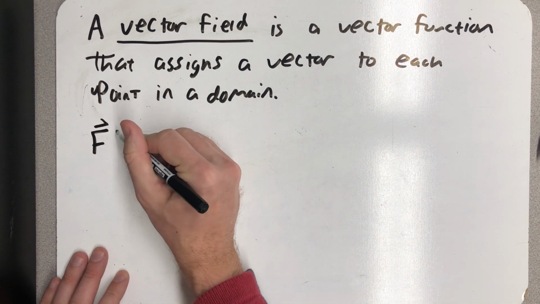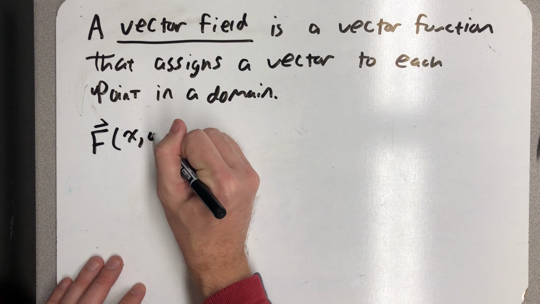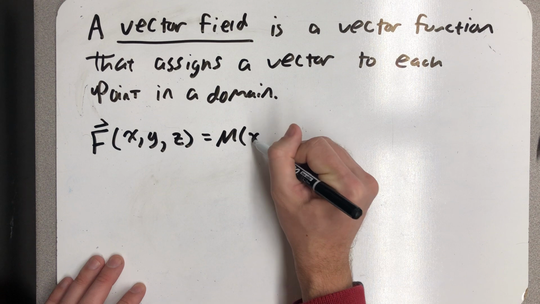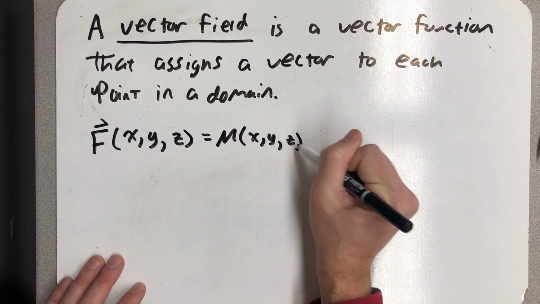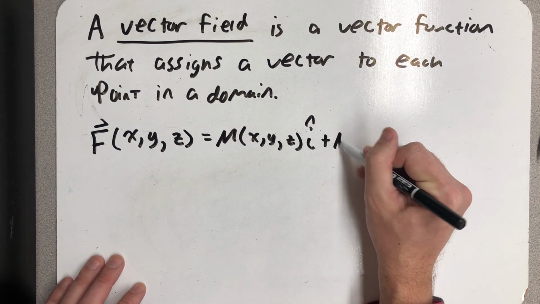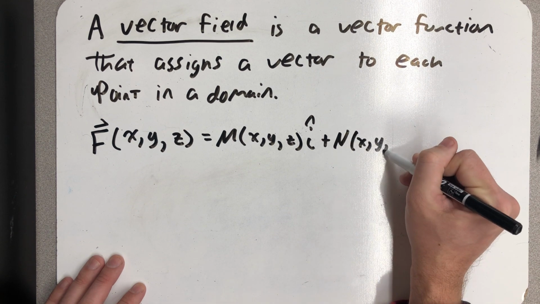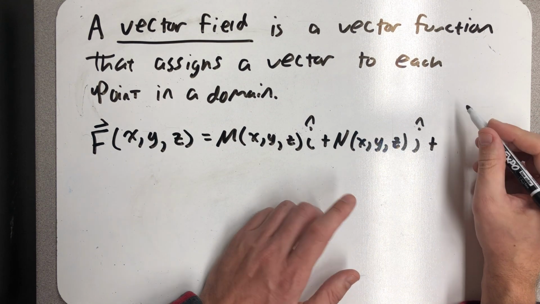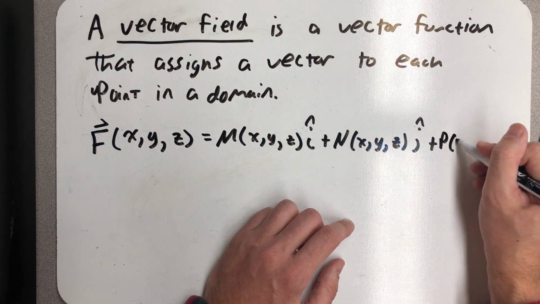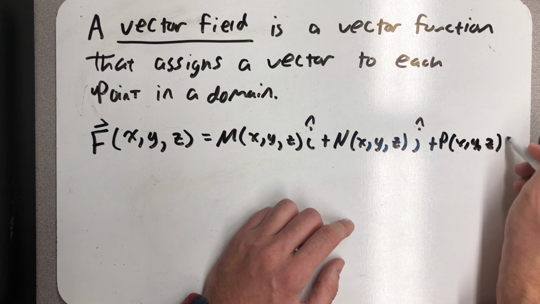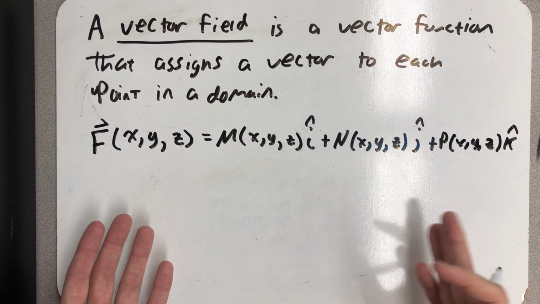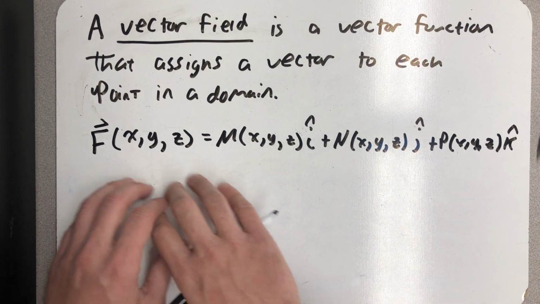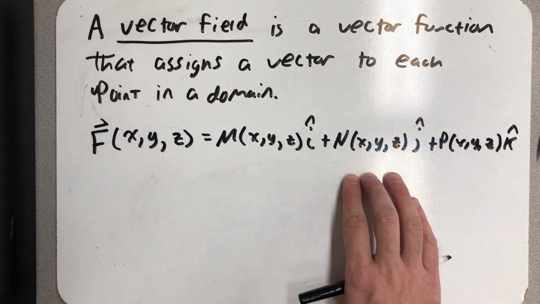Notationally, if I had a three-dimensional vector function, it would need to take in an ordered triple and then give me out a vector based on those points. And so what I would see are three scalar component functions that give me the i, j, and k parts respectively. For us, vector fields are going to look like this, where every 3D vector field is going to have three scalar component functions.